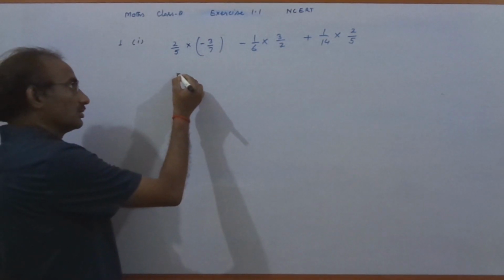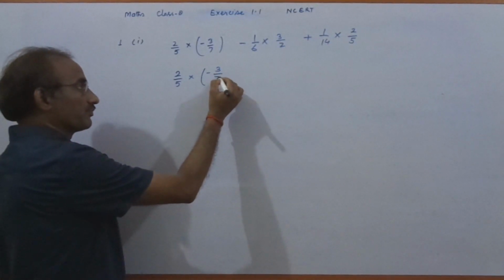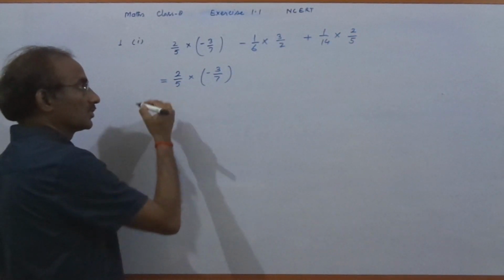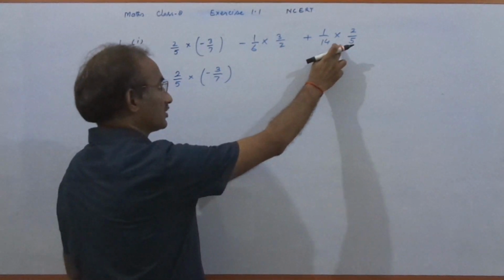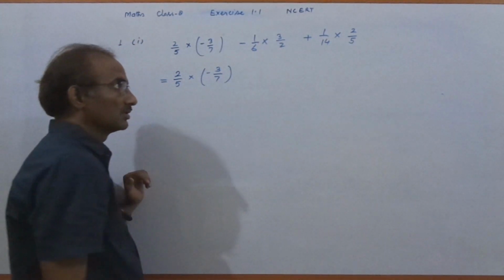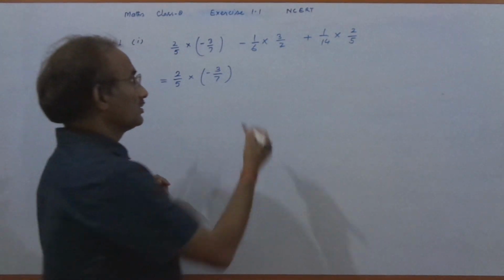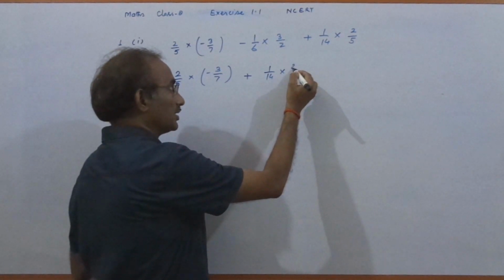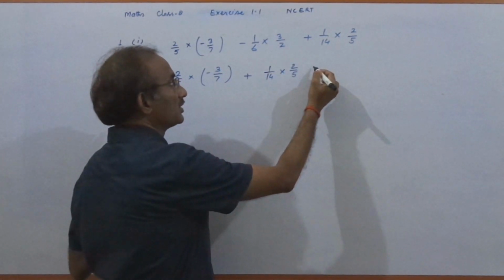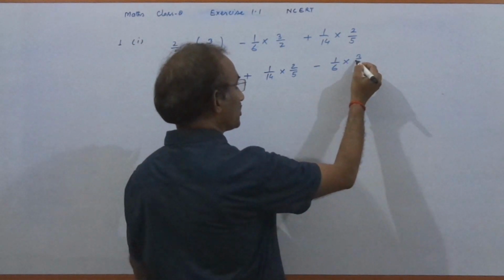So using commutativity, these two terms are written as 1 upon 14 multiplied with 2 upon 5 and minus 1 upon 6 into 3 upon 2.